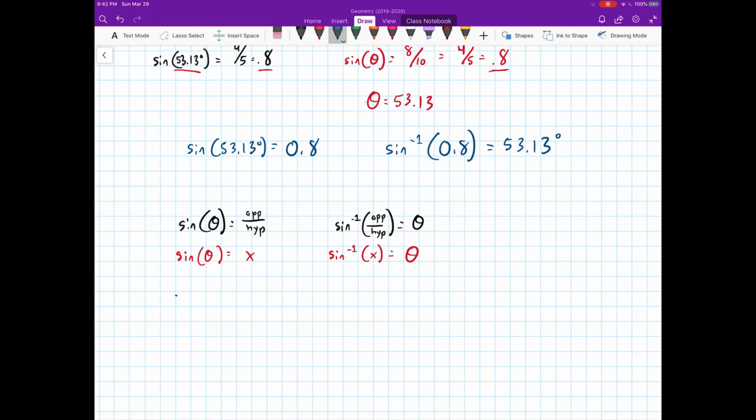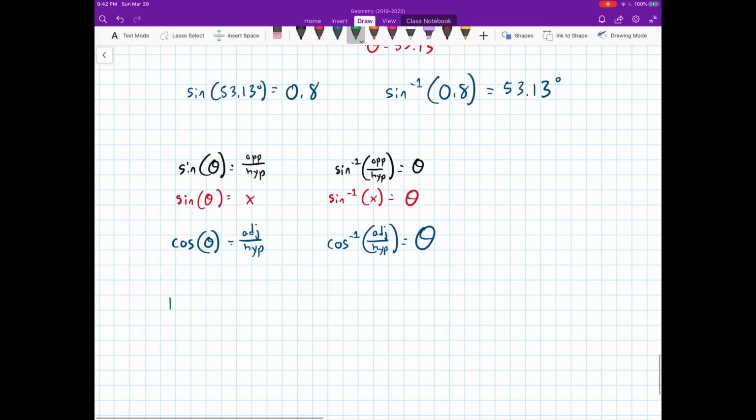Cosine of theta is equal to adjacent over hypotenuse. We know that. So the inverse of cosine, if you put the ratio adjacent over hypotenuse in there, will give you back theta. And then finally, tangent.